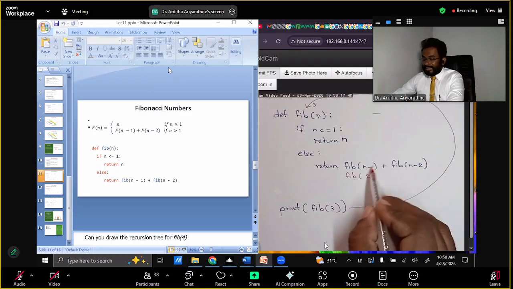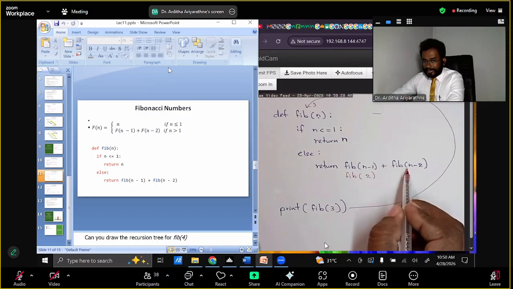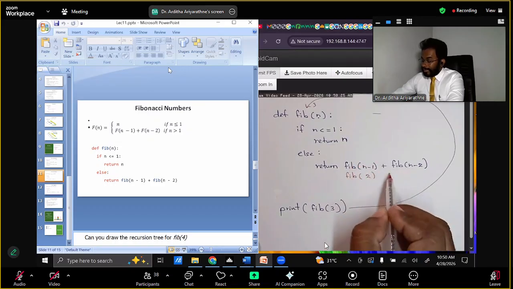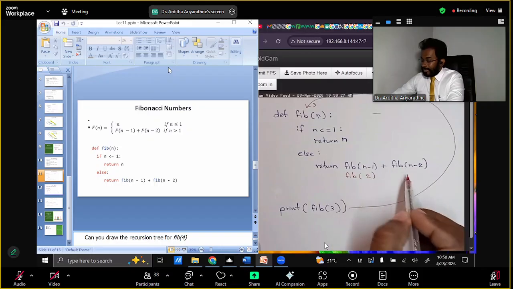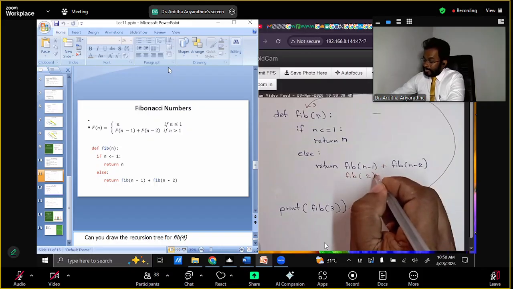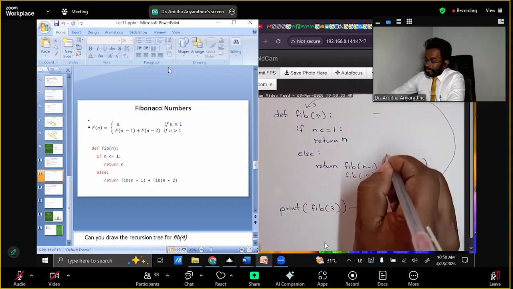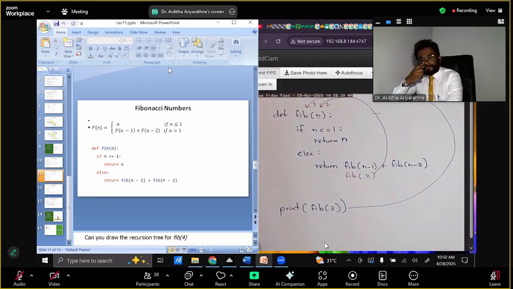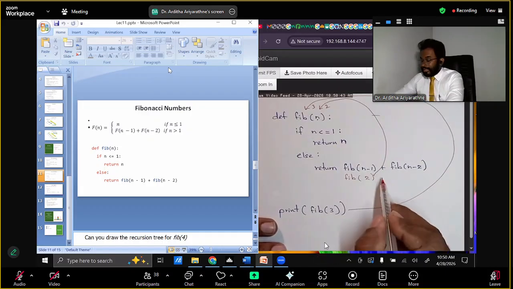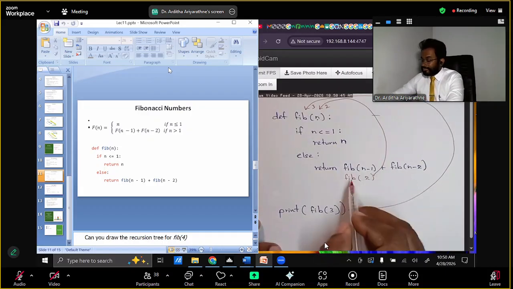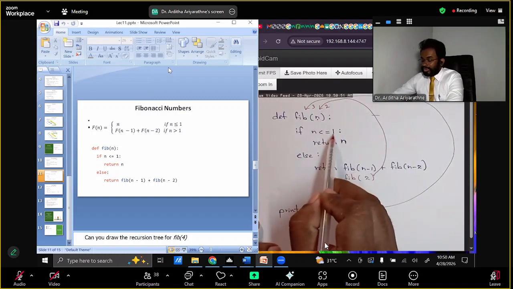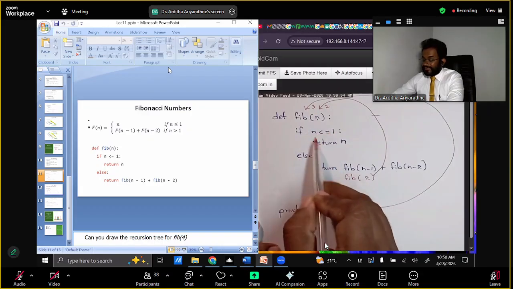But we call this one first, fib 2. Before going to the other one, this function is called again with the value 2. We have not gone to the other call yet. Fib 2 is also not less than or equal to 1, so this if condition is false.